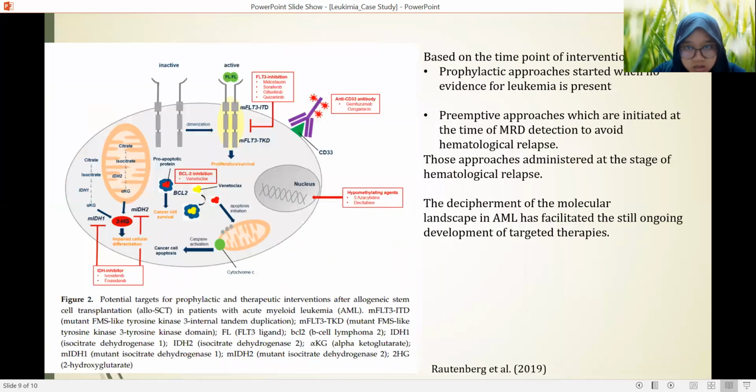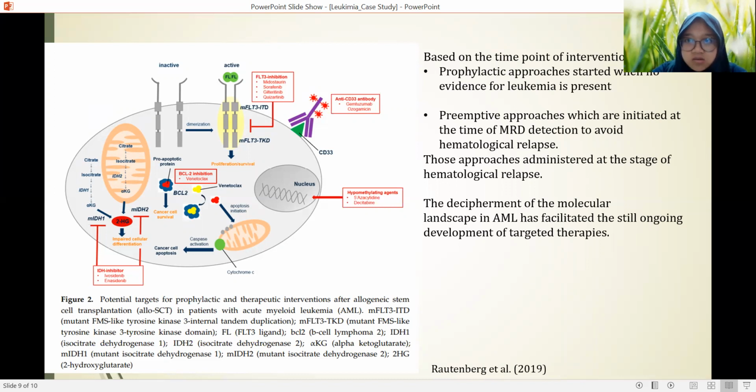And then the last is about the treatment and the prevention of the alloreactivity effect, negative effect, of course. Based on the time of intervention, it can be divided into two parts.